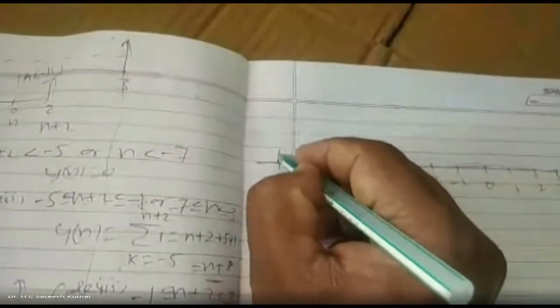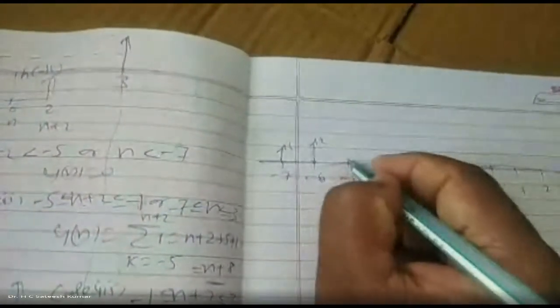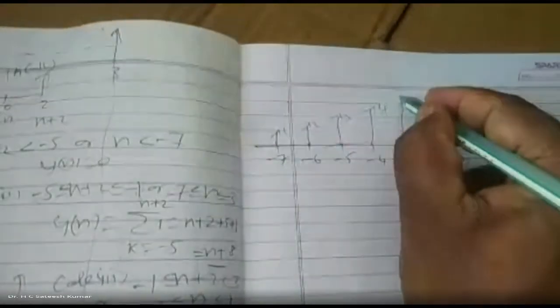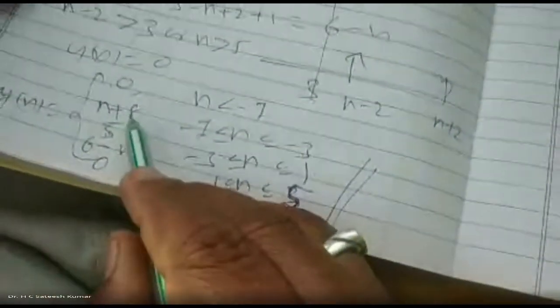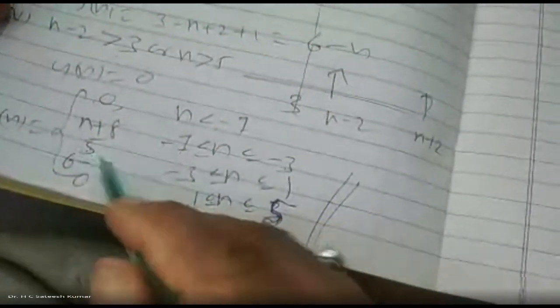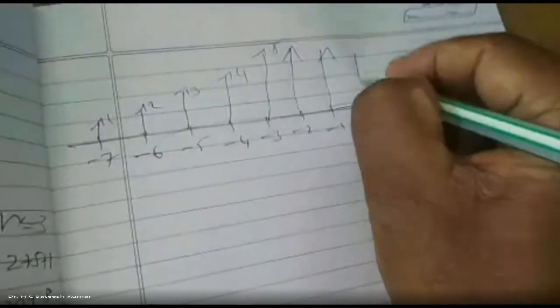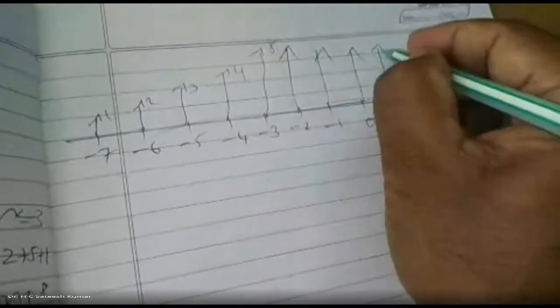At minus 7, it is 1. 1, 2, 3, 4, 5. At minus 3, what is the value? Minus 3, its value is 8 minus 3, 5. Up to 1, it is 5, which means minus 2, minus 1, 0, 1. Up to this point, it is 5.